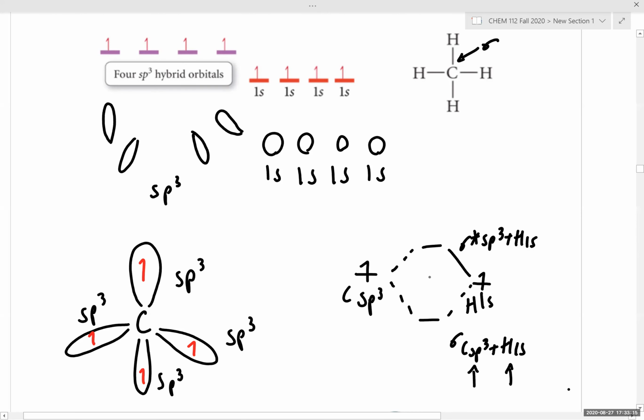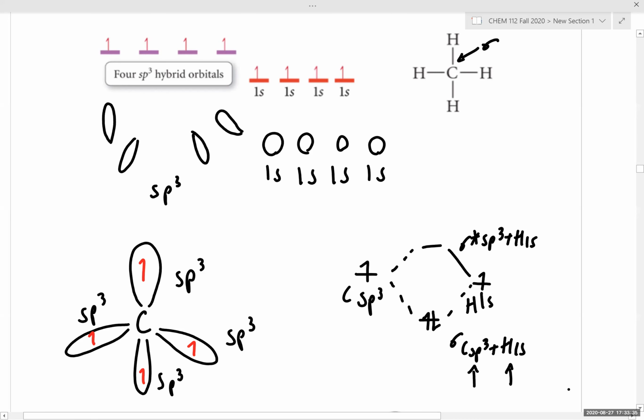Because as we notice from this picture, the energy of our orbitals depends on the identity of the atom and the identity of the hybrid orbital.